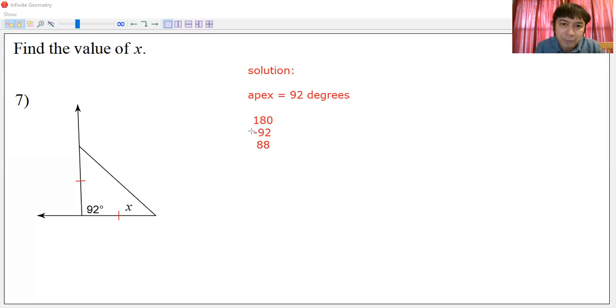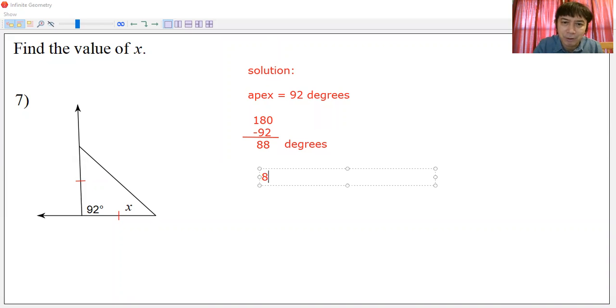Okay. So this 88 degrees, okay, because the measure of this is in degrees, we will have to divide this by 2. Okay, this 88 degrees will be divided by 2. So if we divide 88 by 2, we get a 44. Okay, so that's the way to do it.